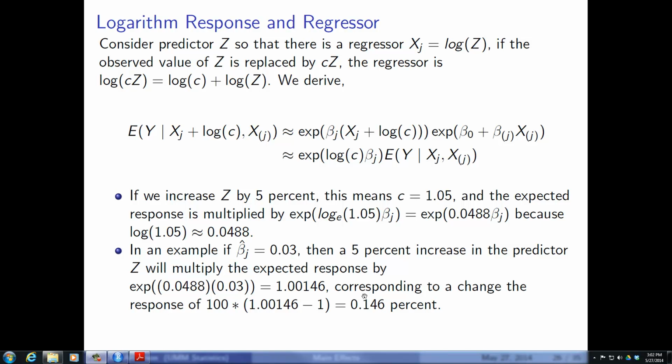In terms of percentage change, that means that the change in the response, moving this 2 decimal places, is going to be 0.146% change. Not a very big change at all for this particular example.